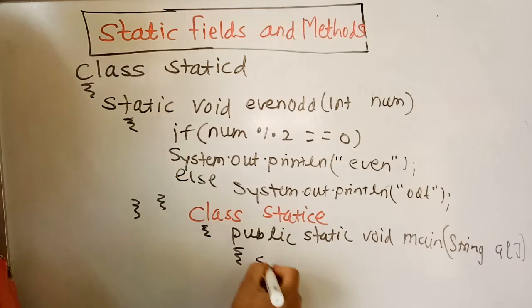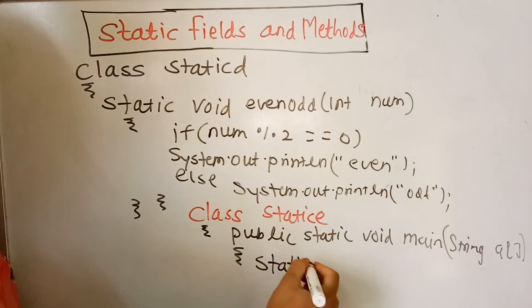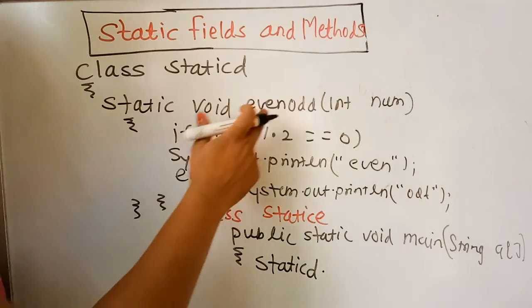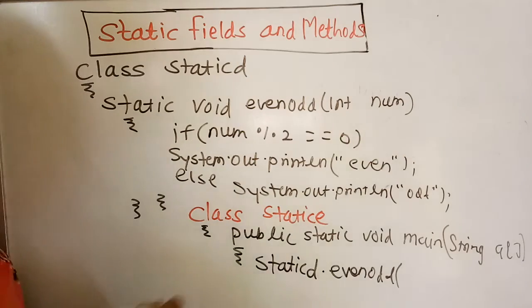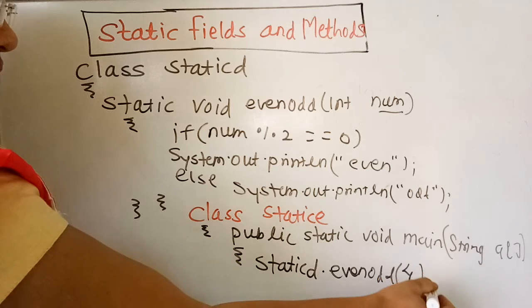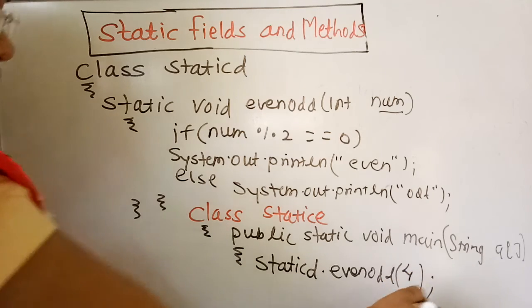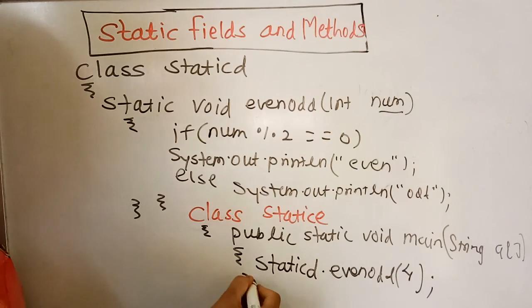Here, what is the class name? StaticDemo dot evenOdd. Okay. And suppose it is accepting one number, so we will pass one number, that is 4, and pass the semicolon, and here it is completed.